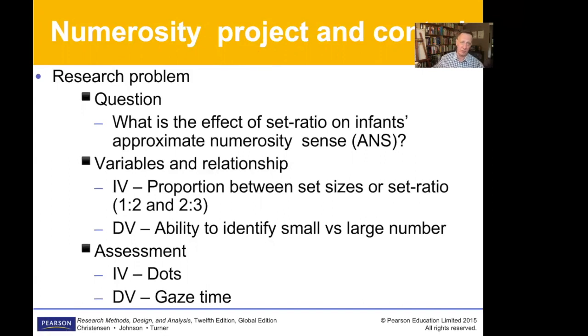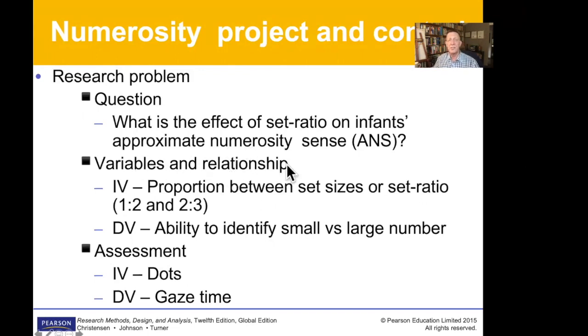the principles. All right, so the research problem can be divided into the question, variables, and relationship, and how do we assess those. Last time we said the research question was, what is the effect of set ratio on infants' approximate number sense, or ANS? Don't know what that is, go and watch the video, the last one.